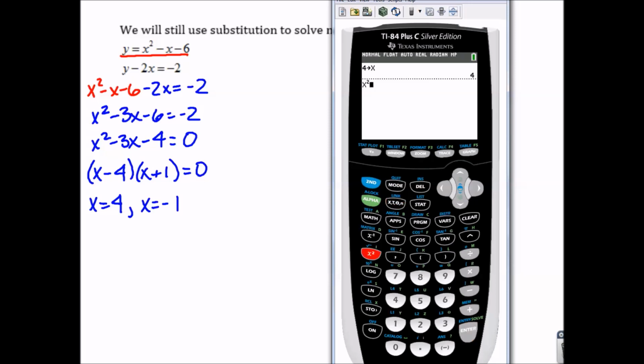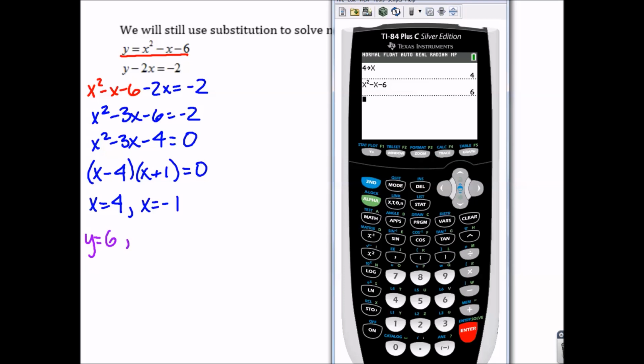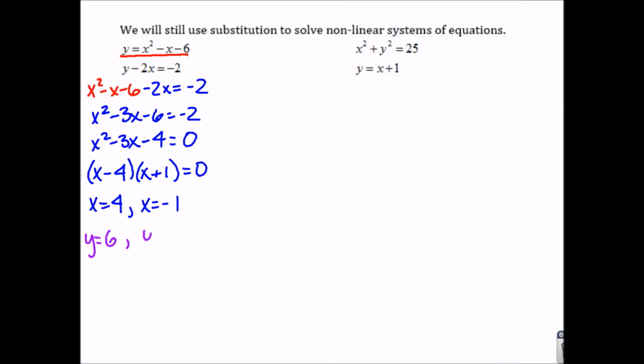So if I have x squared minus x minus 6 and I'm plugging 4 into that, I end up with 6 as my y value. Then I can do the same thing with negative 1. Negative 1, store for x, and then if you scroll back up to the equation and hit enter, it'll bring it down for you. And you get negative 4 as your y value there.